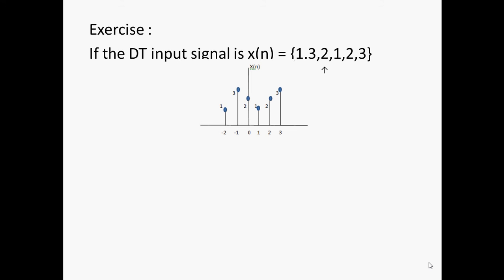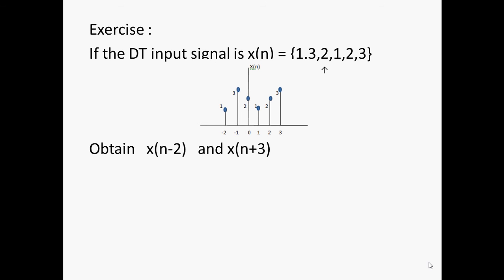So this is your graphical representation of the given sequence x of n. So time period is from minus 2 to plus 3 and its corresponding amplitudes are marked.